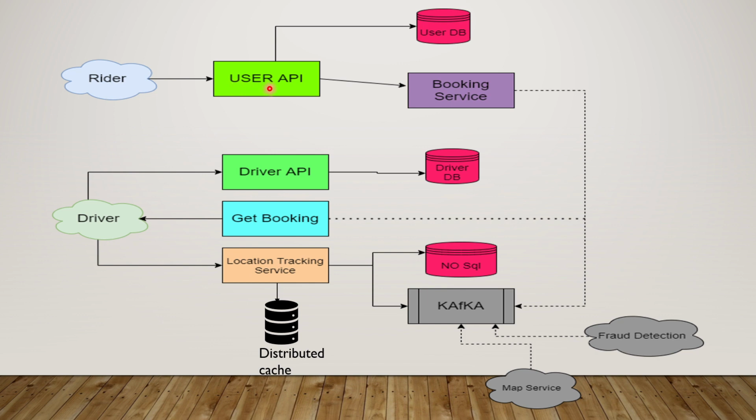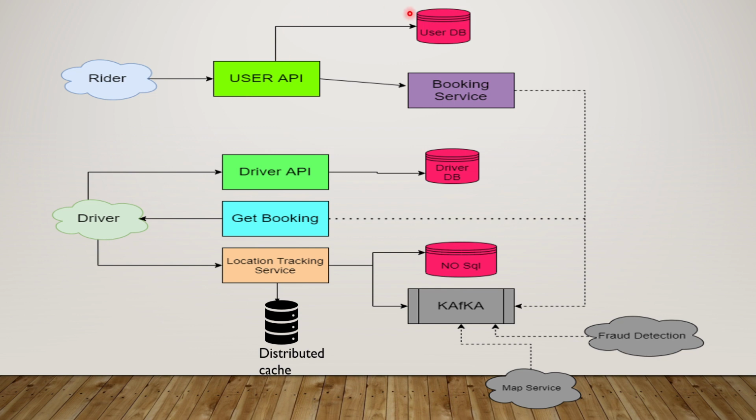As part of the user API, what all things can a rider do? For the first time when the rider opens or downloads the application, he has to create his profile. As part of the profile, he will be storing his name, phone number, email address, and all those things. Maybe a home location or an office location he might be storing.